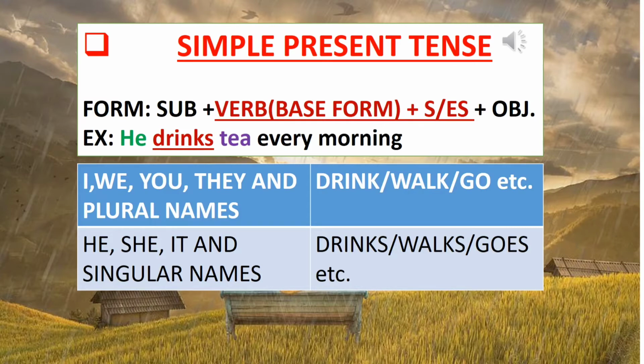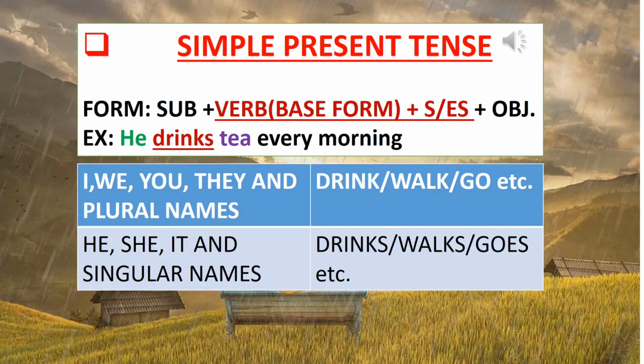Another doubt is common when you see the formula here: where we have to use s or es, or where we have to use the root form of the verb without any change. This can also be clear from the given table.